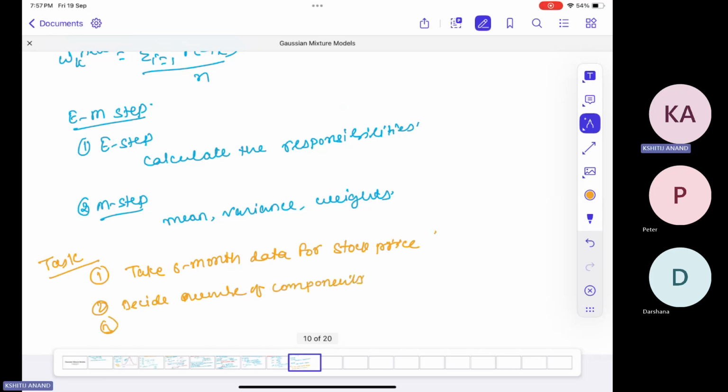Once you decide the number of components, you have to find the mean, the variance, and the weights of each component that give the maximum probability for the 6-month stock price data. Find the mean, variance, and the weights. This is your task.